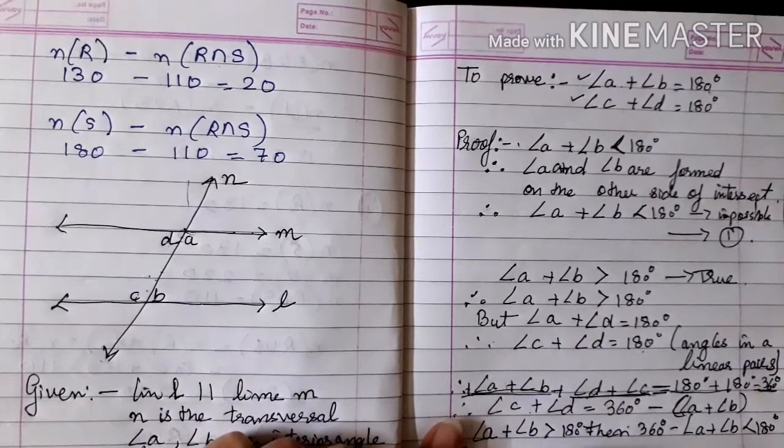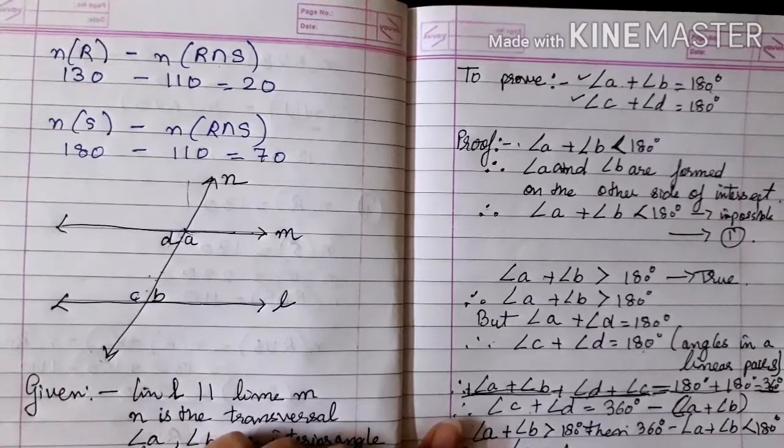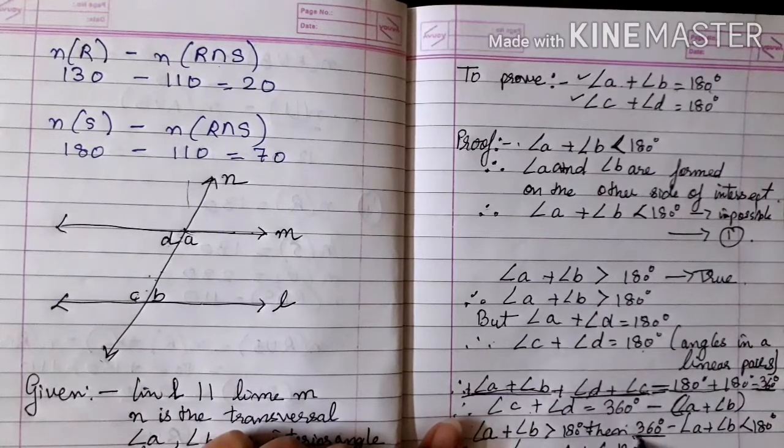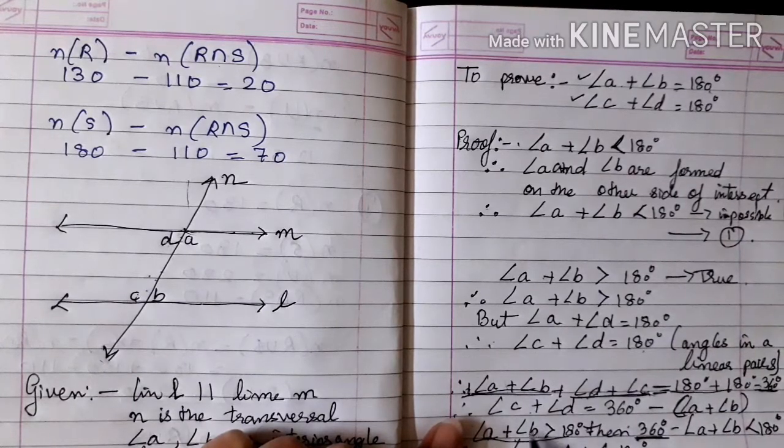Then only we can say that angle C plus angle D is smaller than 180, because we have to form 360. Got it? If this is 180, this has to be smaller. If this is bigger, this has to be smaller. Either way we have to follow.